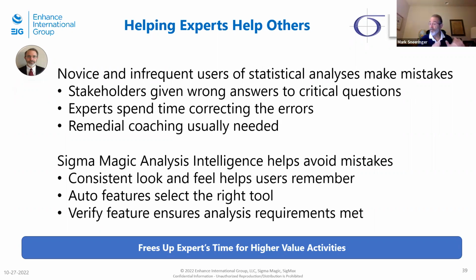So if the leaders see enough statistical missteps, they tend to distrust anything that comes from any such analysis. So Sigma Magic's consistent look and feel, and its auto select and verify features help avoid a lot of these mistakes. So this is just something to think about besides getting the right analysis. It's helping the experts be more effective as well.